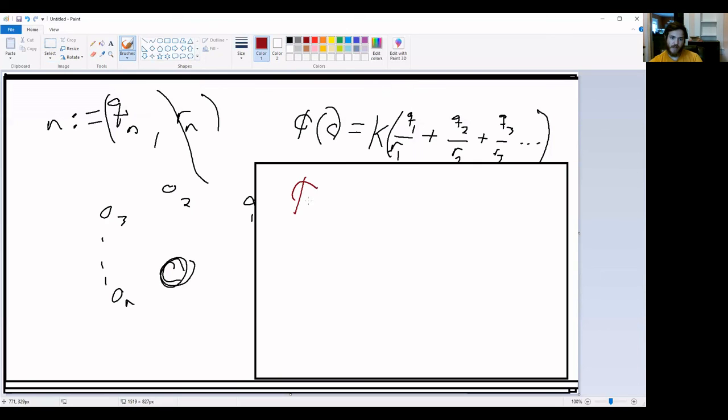So phi at point C is equal to K, and then this is the exact same thing with a little bit of new notation, times the sum from i equals 1 to n, and you'll probably see this again, of Qi over Ri. So these are equivalent. One just says the same as the other.